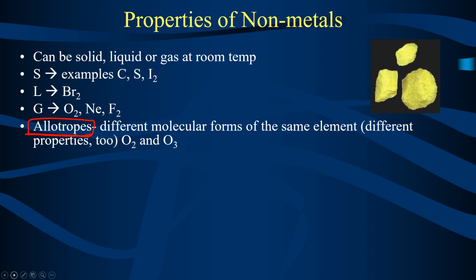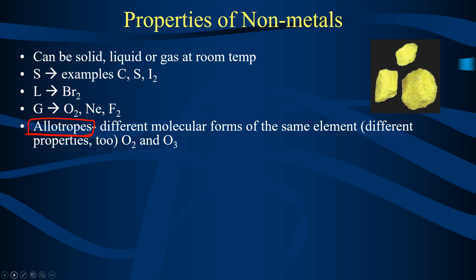They are considered to be allotropes because some of these things, especially nitrogen and oxygen, can have different forms of the same element. In nature, we can find O2, which is the oxygen we breathe, that we get in our bloodstream.